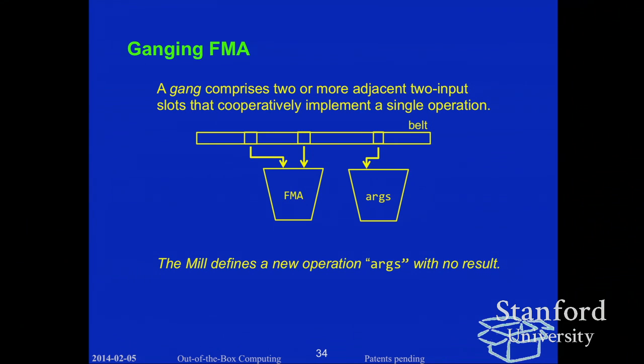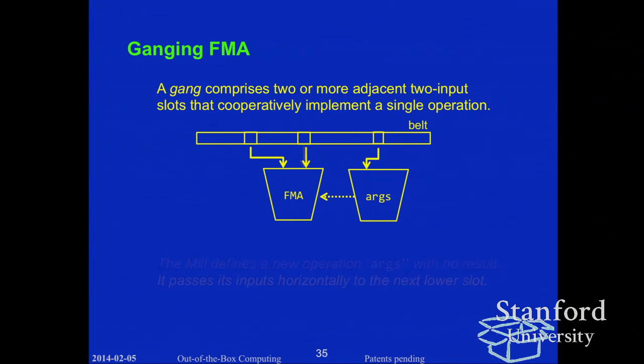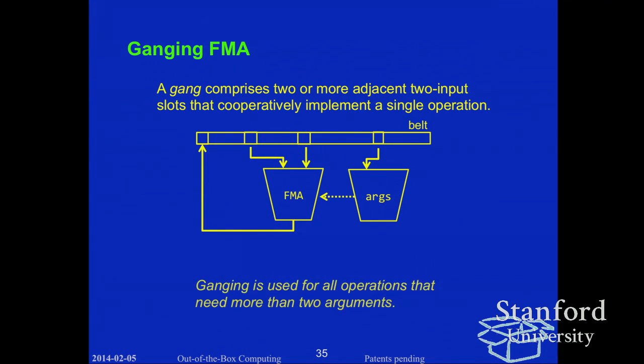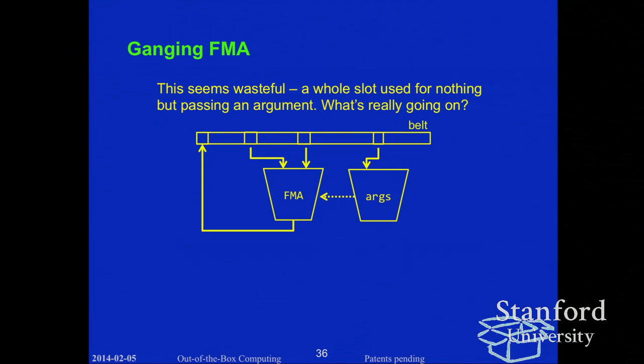Well, we now have 2 inputs going down one path and 1 input going down another path, but what we really want was 3 inputs. So args passes its data horizontally between the functional units. That in turn produces a result in a perfectly ordinary way. Ganging is used for all operations that have got more than 2 inputs.